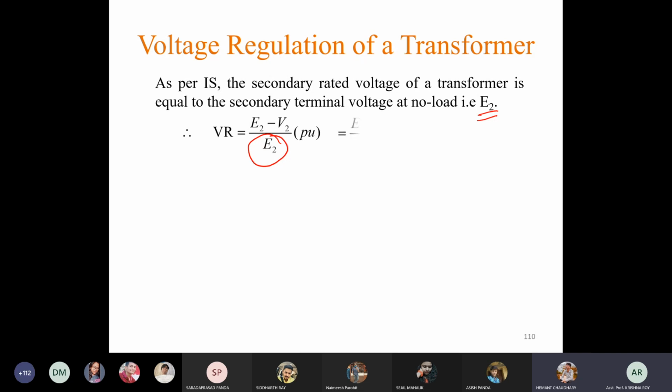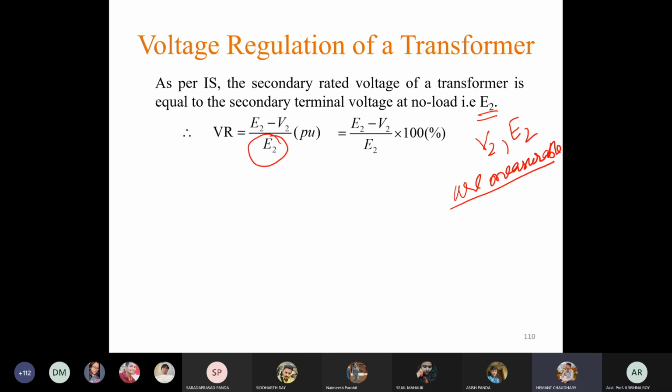If you multiply it by 100, you will get percentage voltage regulation. That is how you can calculate the voltage regulation of a transformer if you are able to measure V2 and E2 using any measuring device, then you can apply this formula.